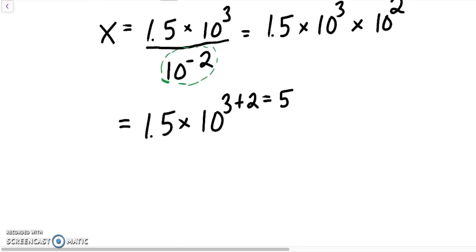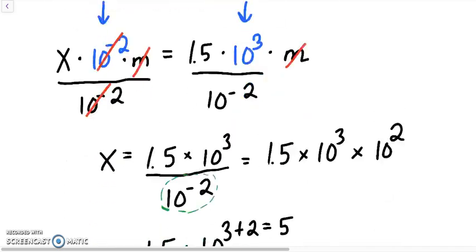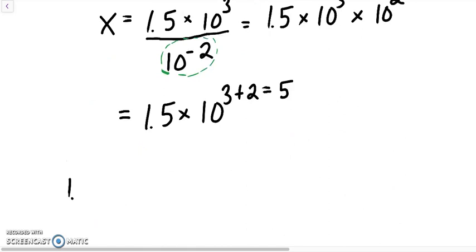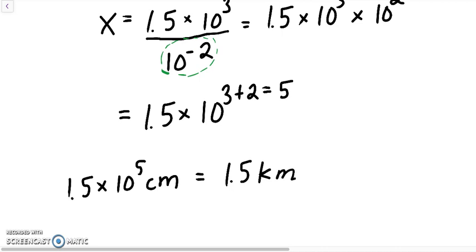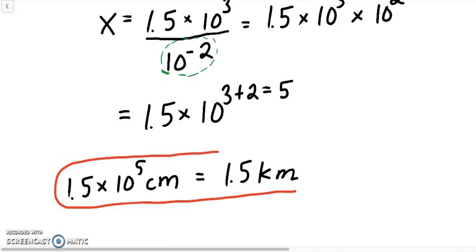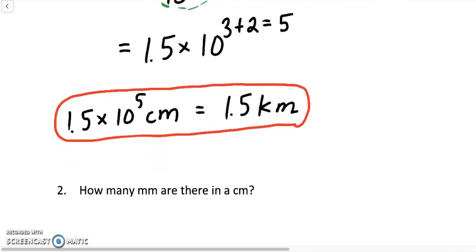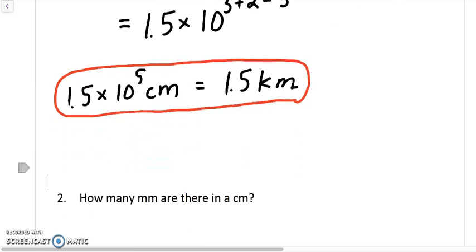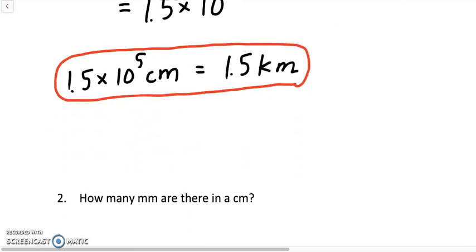So my final answer is going to read something like this: we have 1.5 times 10 to the 5th centimeters is equal to 1.5 kilometers. And the way that this number is written right here, this is scientific notation.